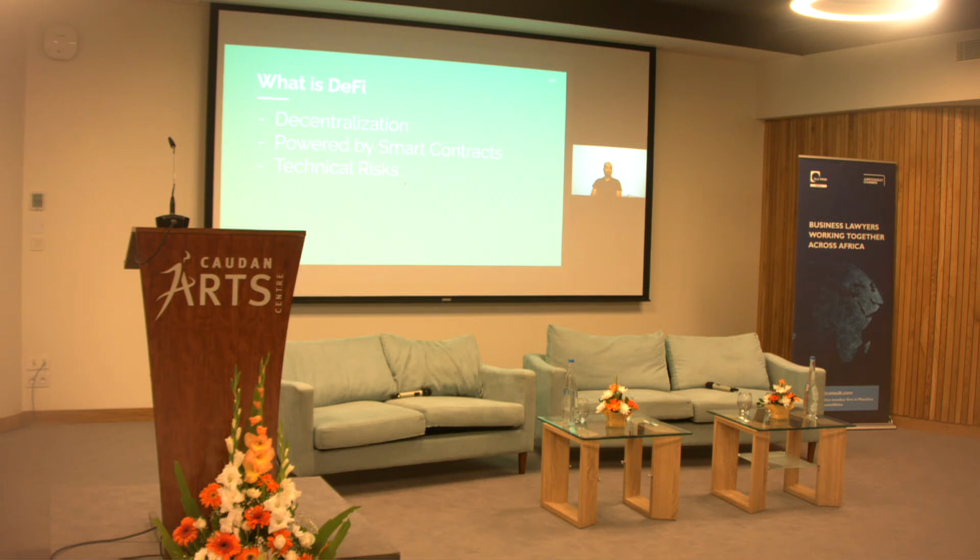And finally, we have the technical risks. So we talk about smart contracts. Smart contracts are basically software or software components. And when we talk about software, we also always talk about bugs or security shortcomings, and there's always the risk of these smart contracts containing bugs and things like that.